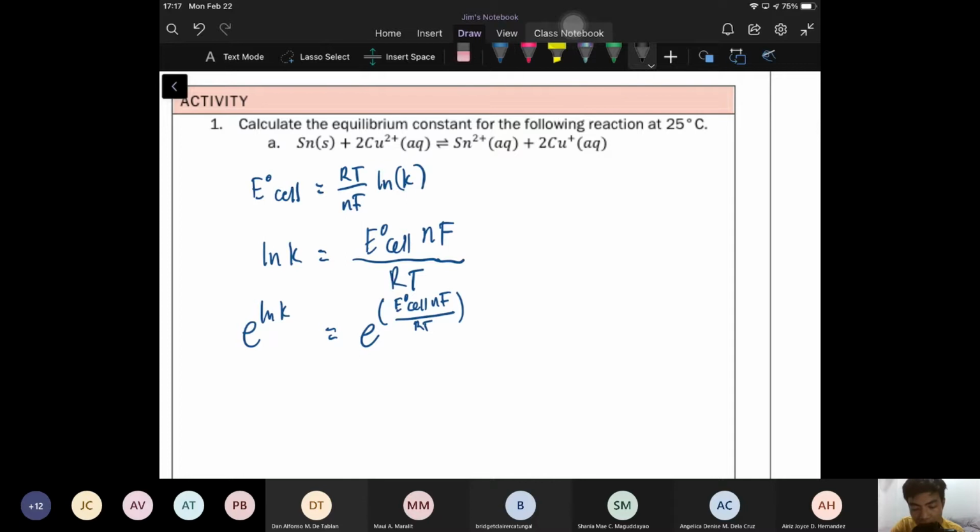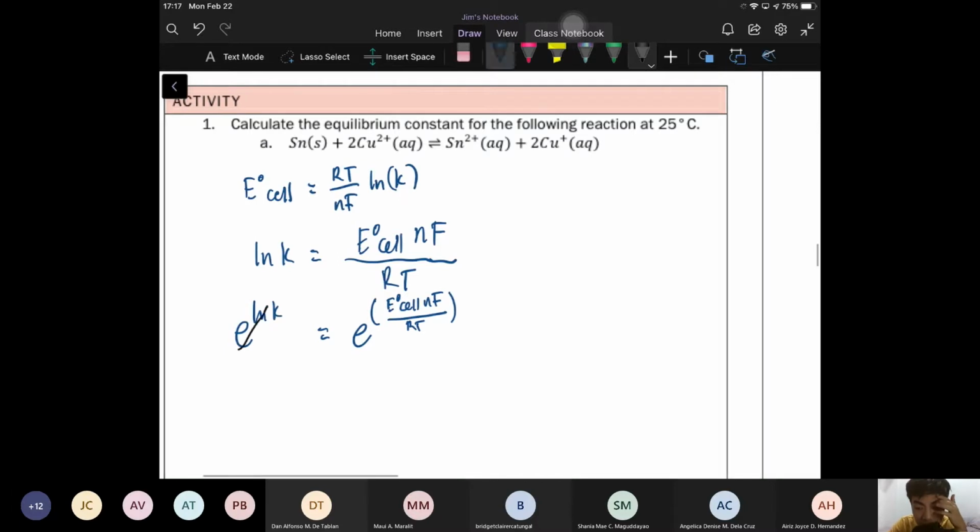So what will happen to E and the ln K? Magka-cancel yung E and the ln, giving us K equals exponential of E naught cell NF over RT. Okay? So, ganun. That's how we derive for the value of K. So, paano yon?